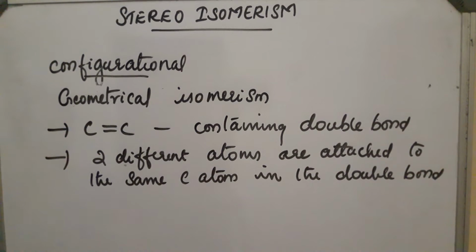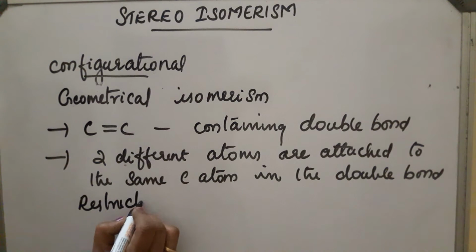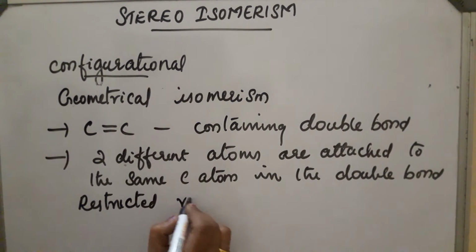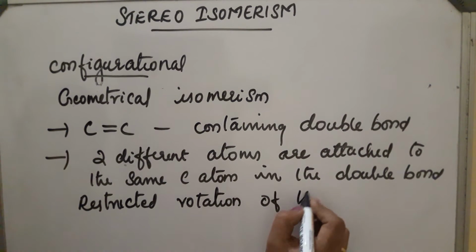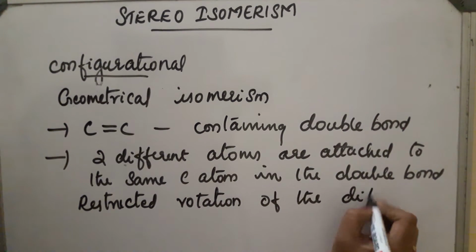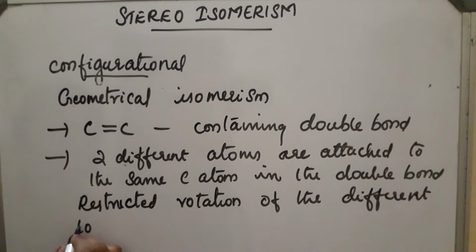In such compounds containing the double bond, there must be restricted rotation. So isomerism arises due to the restricted rotation of the different groups attached to the double bond.